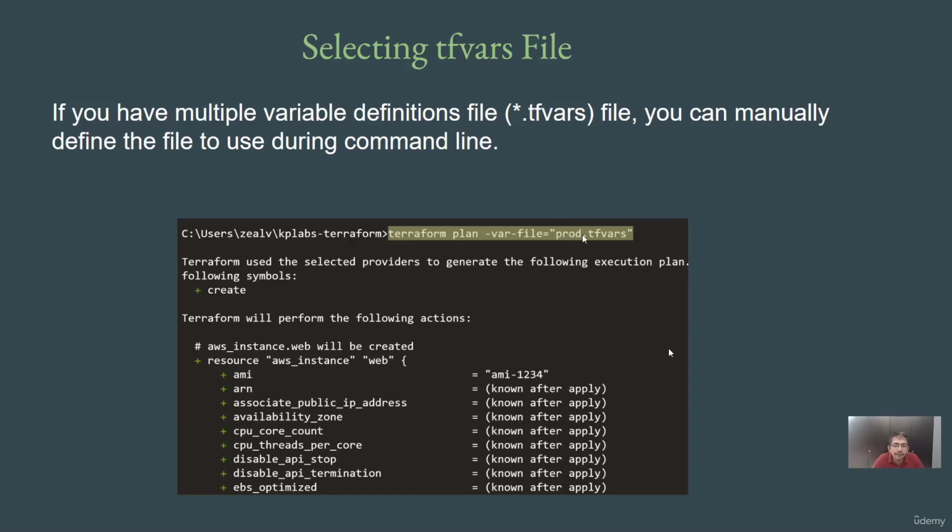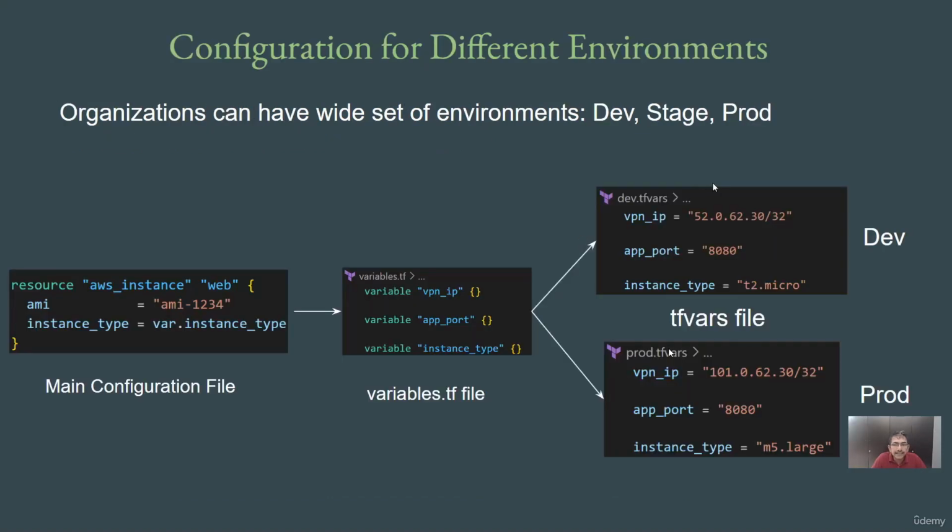So all the values associated with it will be taken into account. In such a case, when you have multiple tfvars, it becomes much simpler because now you don't have to modify the variables.tf file. This variables.tf file will remain static, and based on the environment, the tfvars file will have the appropriate values.